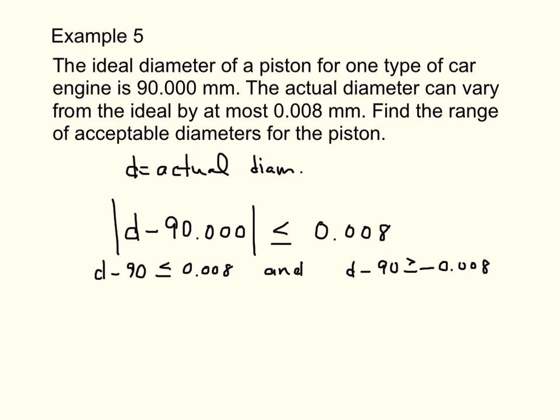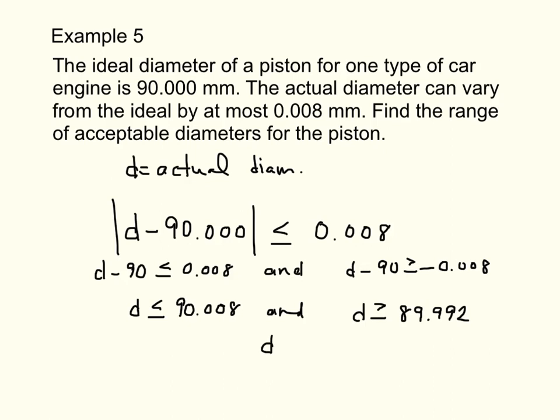So if we solve this, we add 90 on both sides. That would give me d is less than or equal to 90.008, and d is greater than or equal to 89.992.